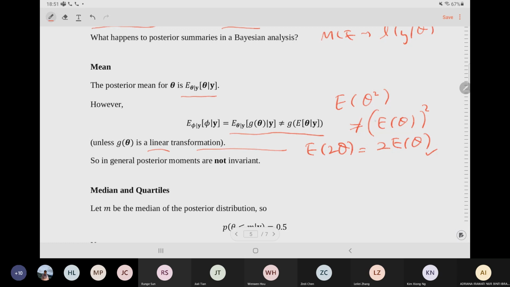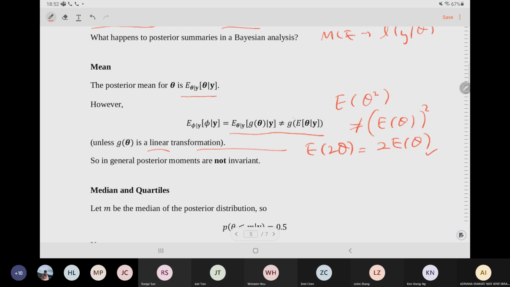And this is true not just for the mean, it's for any moment, right? Like the first moment, the second moment, the third moment, whatever. So they are not invariant, meaning that you cannot use a function of the expectation to get the expectation of the function.